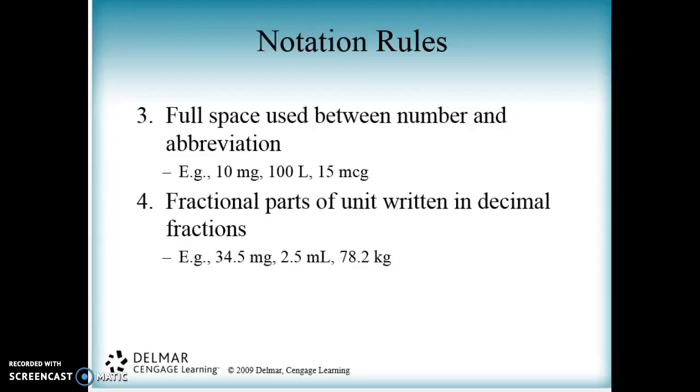If we have a fractional part, we would write that as a decimal. So we don't write fractions like 1/2, we would write it as 0.5. So it's all about using decimal notation when we're working with the metric system, and that's because it is based on the powers of 10.